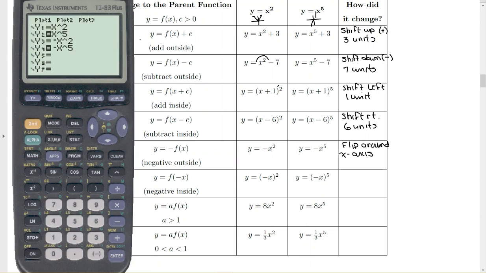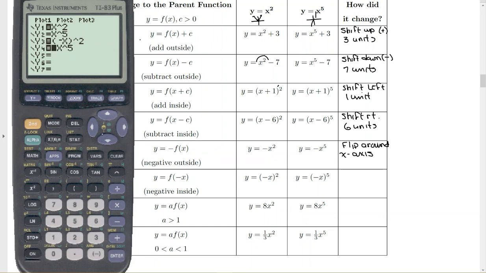All right. So if I put it inside parentheses, let's start with here. Let me turn this one off and turn this one back on. And so I'm going to insert a parenthesis. All right, so now the negative is inside the square function.